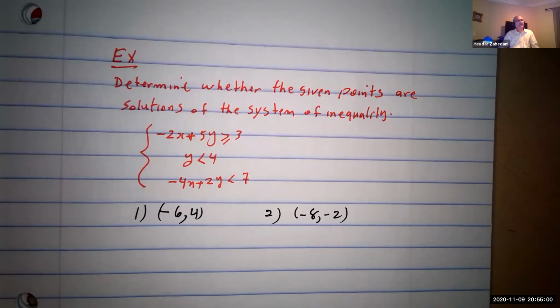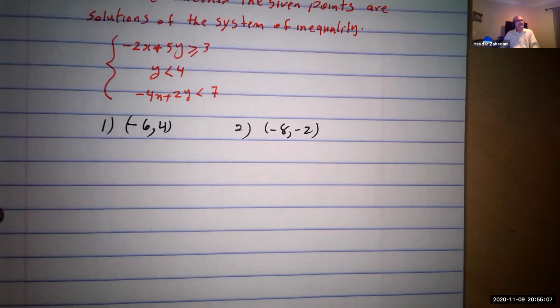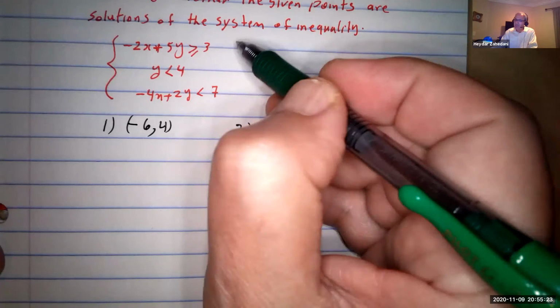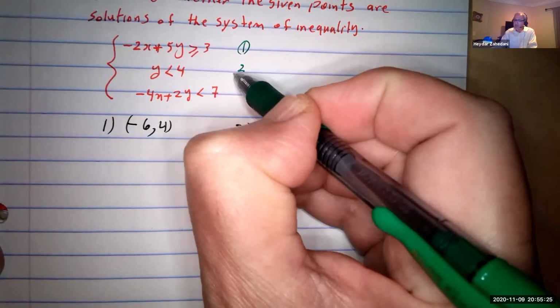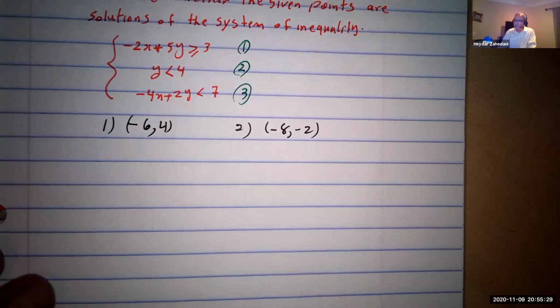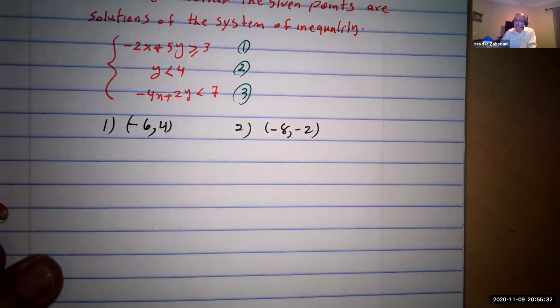Just get the idea that you can have more than one or two inequalities. It's like testing an equation. What we're going to do is drop these numbers in to find out if they satisfy. If they do, the answer is yes. Otherwise, the answer is no. I'm going to label these as 1, 2, 3 because you have to check it in all three inequalities.